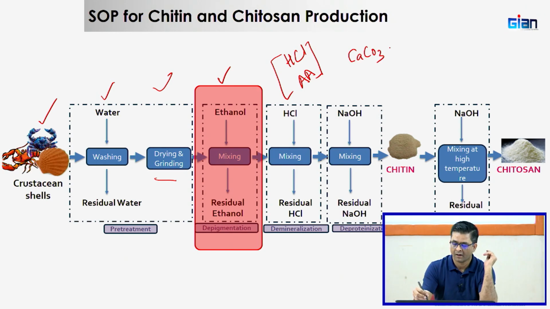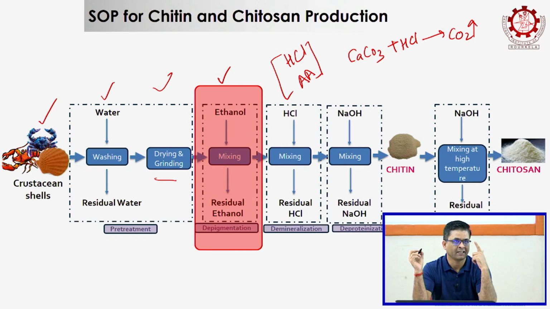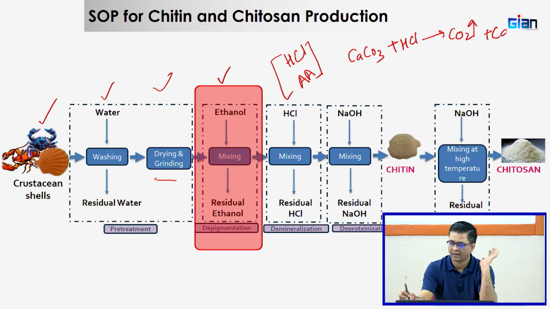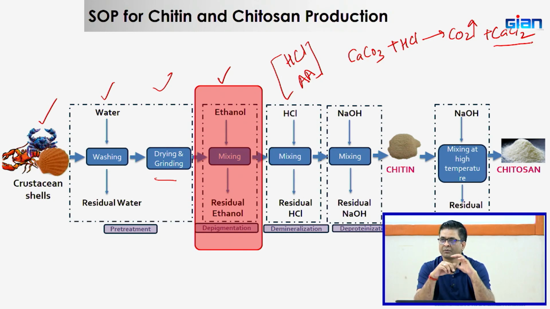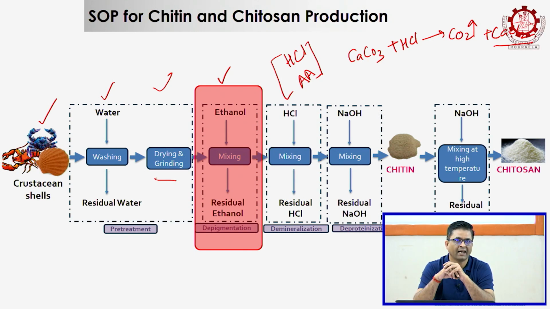When it comes in contact with HCl, you would have seen some bubbles forming. That is CO2 escaping, and what is formed in the liquid is calcium chloride. If you have a food processing background, you know calcium chloride is used as a filtering aid and as a binder.